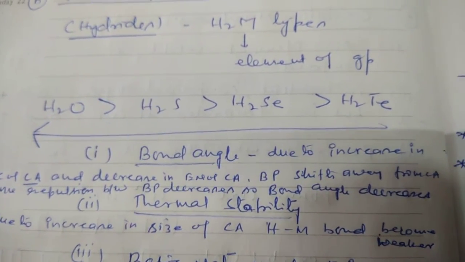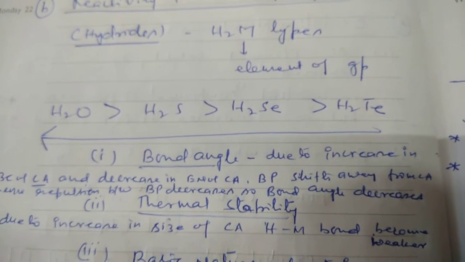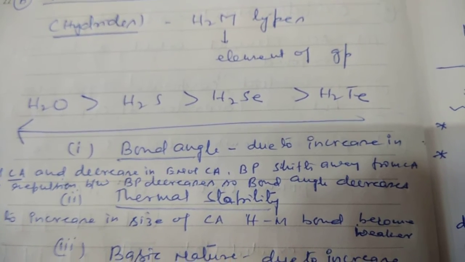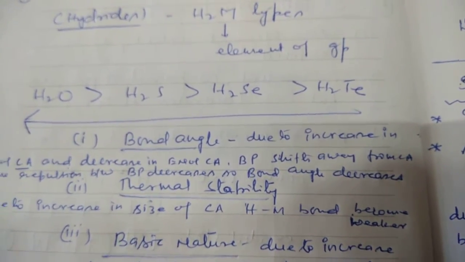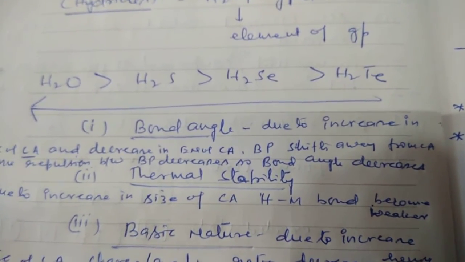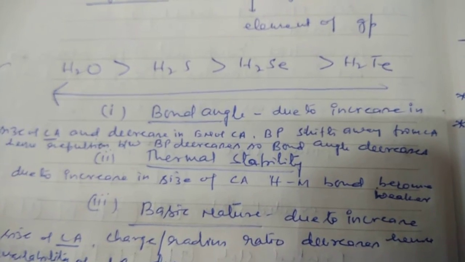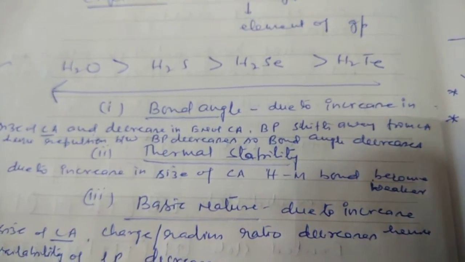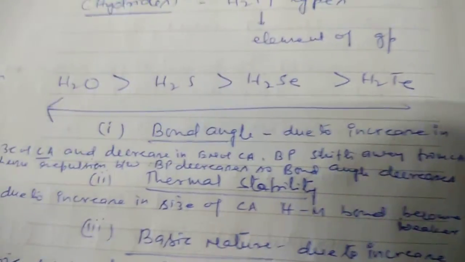Class, the very first is bond angle. You should know that all these hydrides have bent shape, sp3 hybridization with 2 bond pairs and 2 lone pairs. So the bent shape and 2 bond pairs are actually deciding the bond angle. As we move down, the atomic size of the central atom like oxygen, sulfur, selenium, tellurium increases, as well as the electronegativity of the central atom decreases.